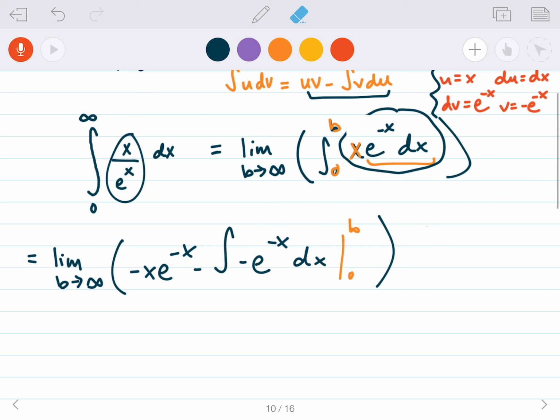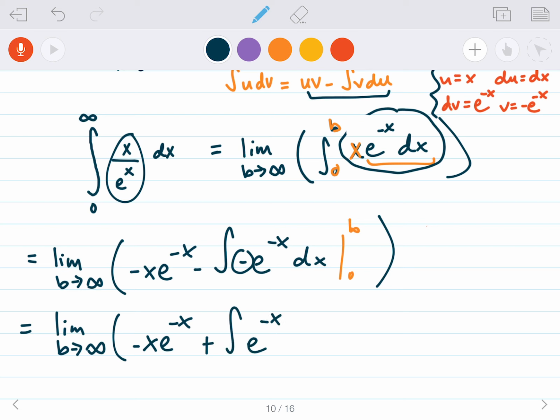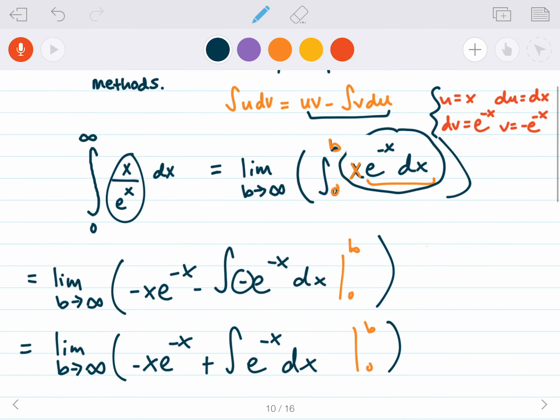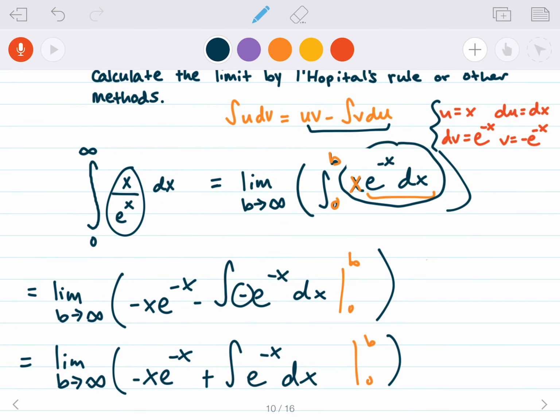So what I can do here is pull out this negative first of all. And the next thing I have to do is integrate e to the negative x, which we already did up here.